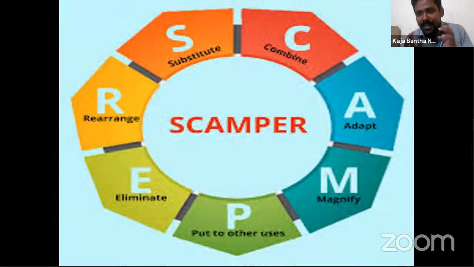For example, yesterday we discussed agriculture operations like fluffing and spraying. You can develop a new product with all these operations combined, a robo that is solar operated. Adapt: yes, I can adapt this technology.